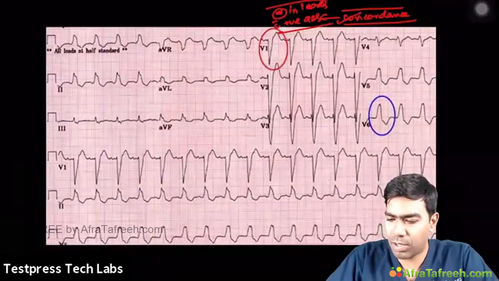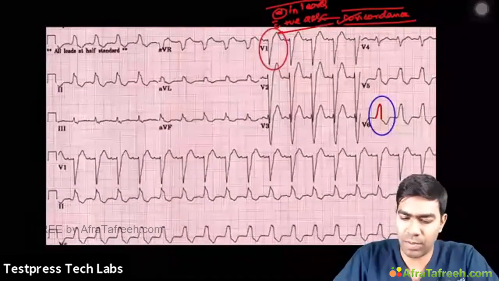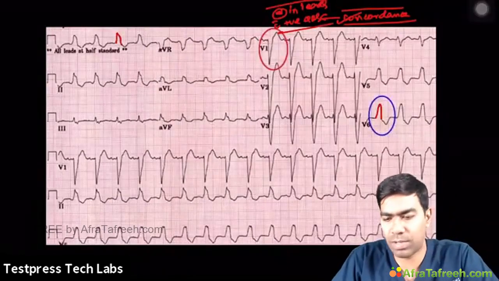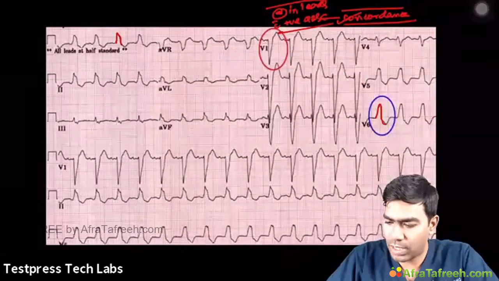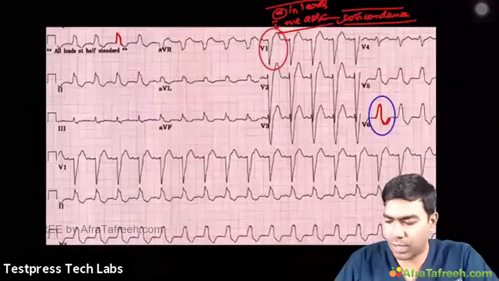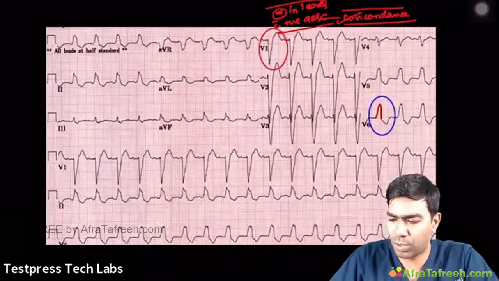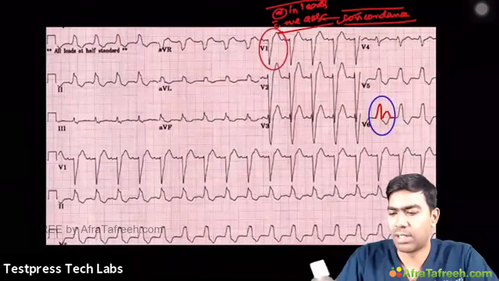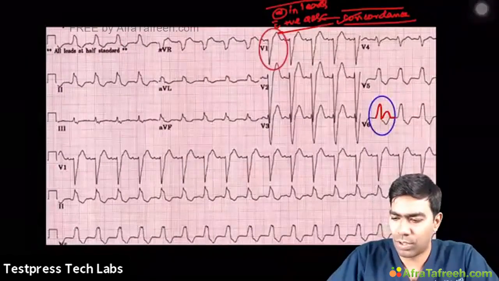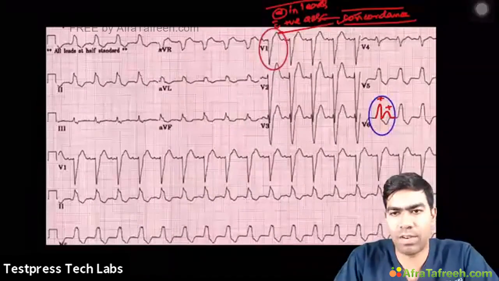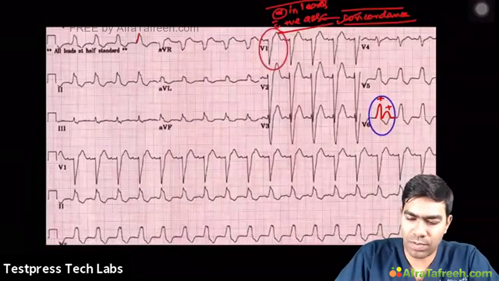For example, you have a positive QRS complex in V1, V5, and lead 1, and of course the T wave should be negative there. It should be inverted; that's discordance. Suppose there is a positive T wave here. This is what we refer to as concordance: a positive QRS with a positive T wave, like this.